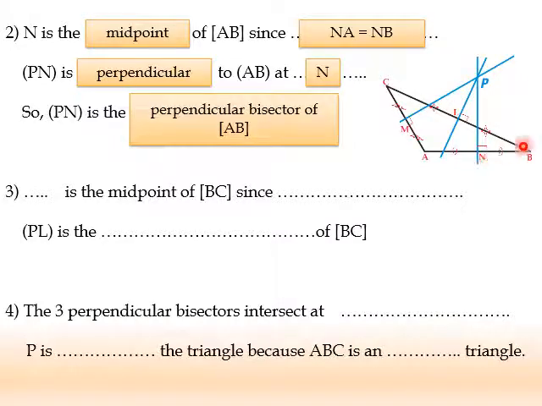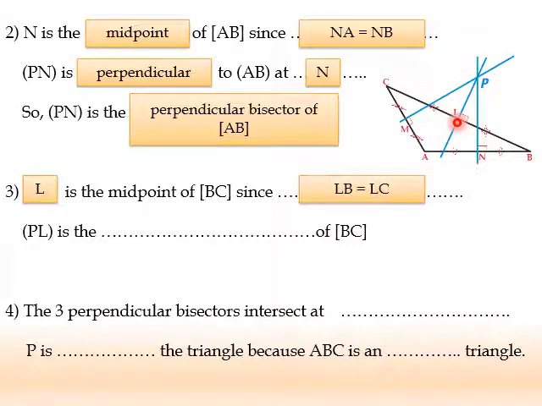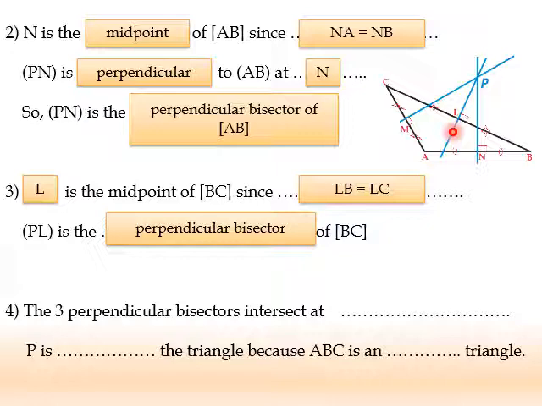Now, what's the midpoint of BC? This is BC, its midpoint is L. And how did I know that? Since CL equal to LB. So PL is the perpendicular bisector of BC.